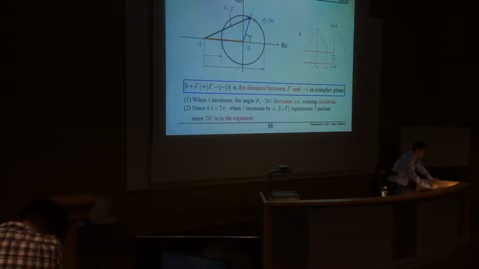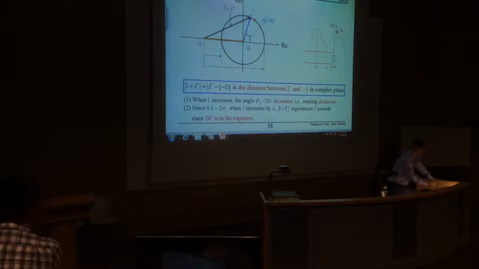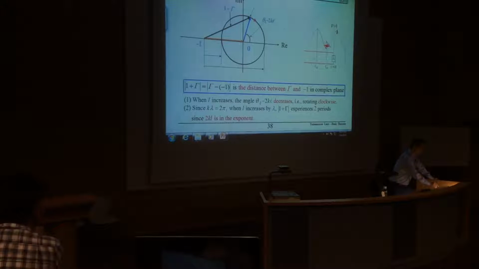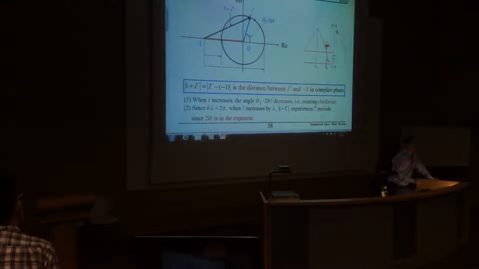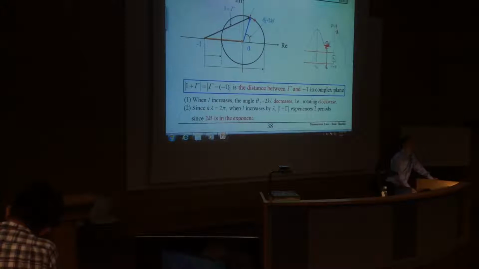For instance, at this location, voltage is maximum, then current will be minimum. At this location, voltage is minimum, then current is maximum. So at the same location, when voltage is maximum, current is minimum, and where voltage is minimum, current is maximum. Right?